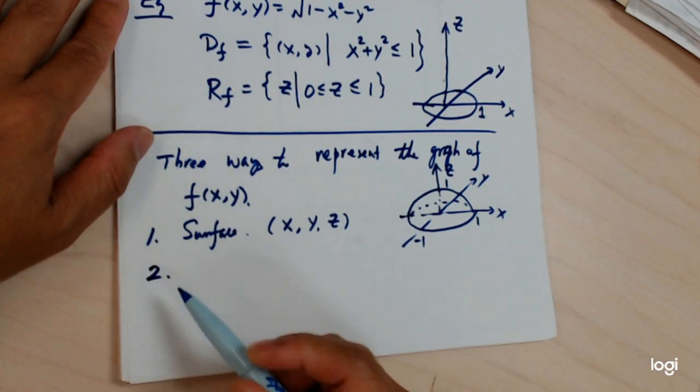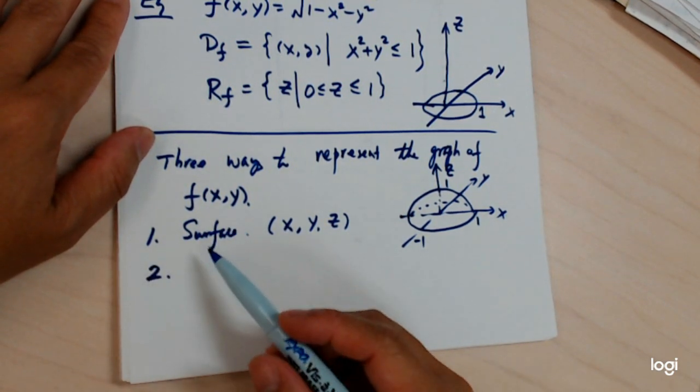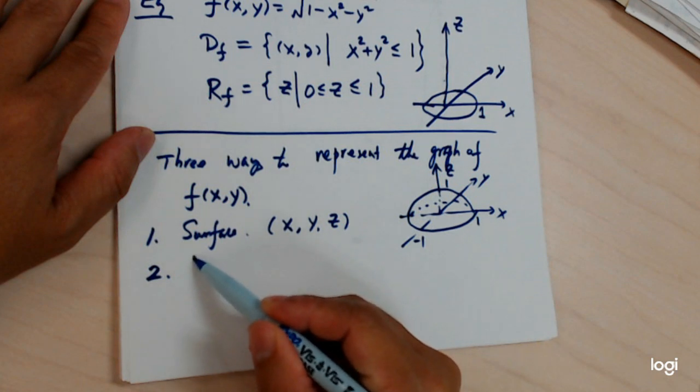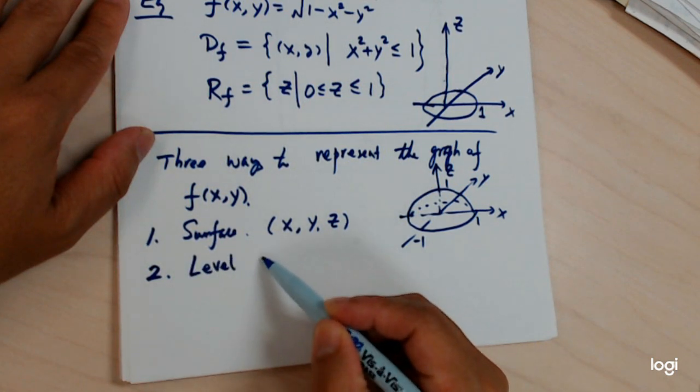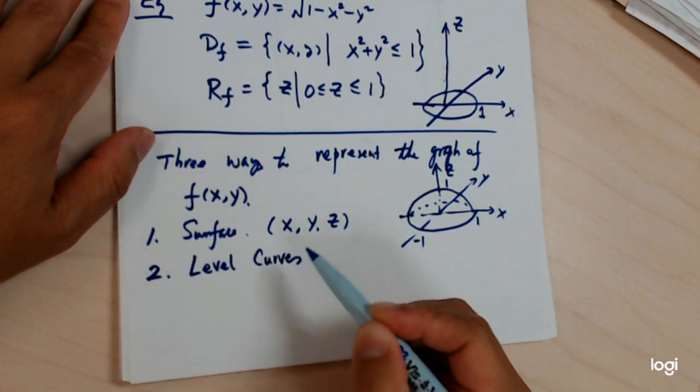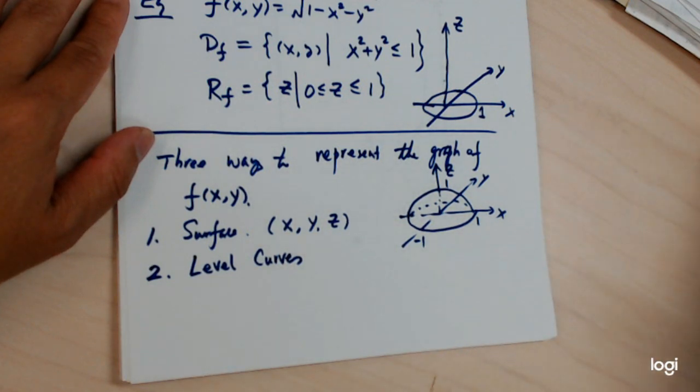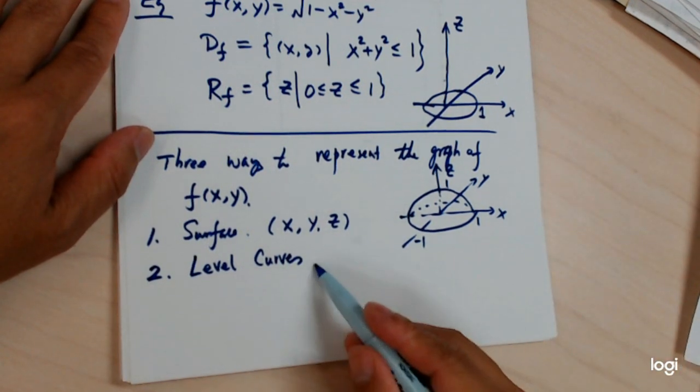The second way to visualize a function of two variables is to use the so-called level curves. So what are the level curves?